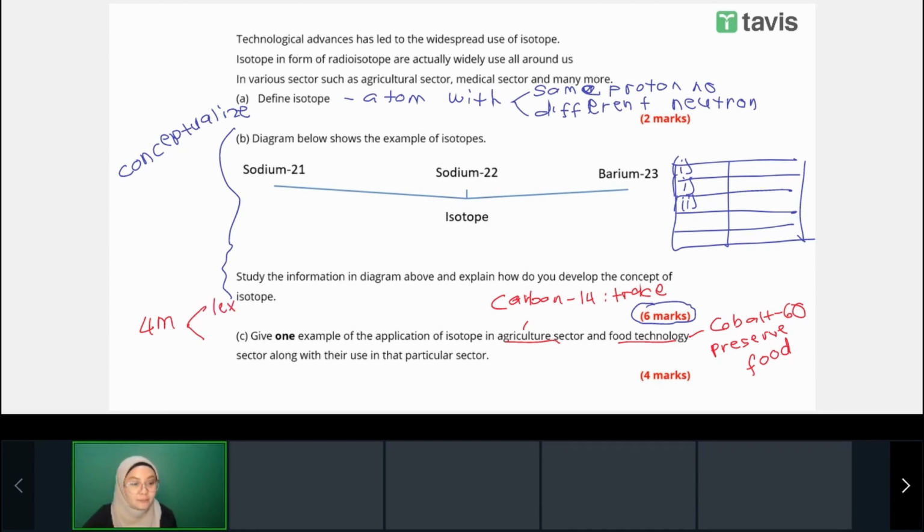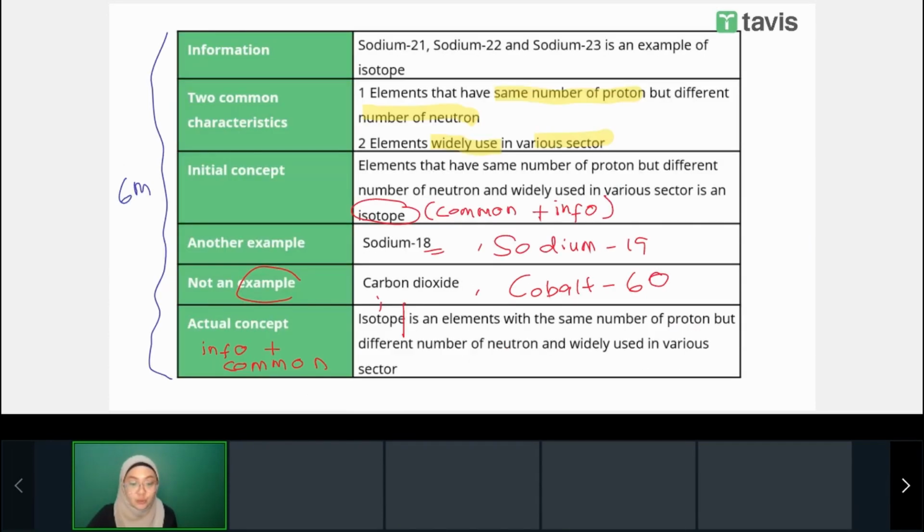One example, 1 mark. So how to get another 1 mark? Another 1 mark will be for your explanation. If you explain, 1 mark. If you do not explain, you are going to get only 2 marks. Please be very particular about the given marks, so that you have an idea how much you have to write.